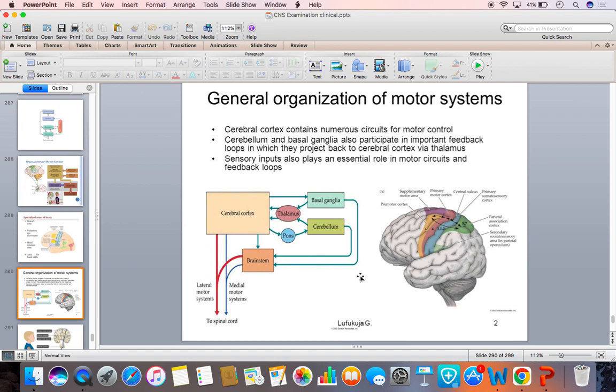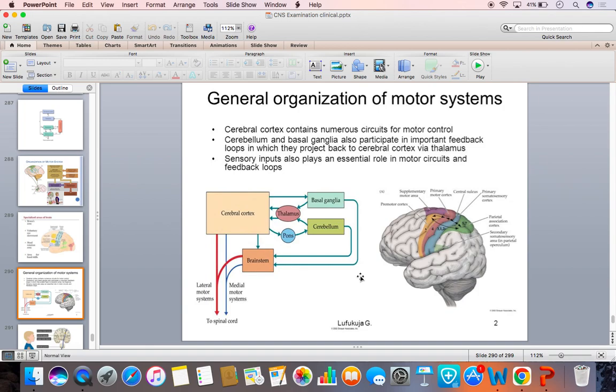It is brought out by complex circuits involving the subcortical centers, cerebellum, and other centers in the brainstem, like the red nucleus, vestibular nucleus, olivary nucleus, and the thalamus, and the corpus striatum, which includes the basal ganglia.